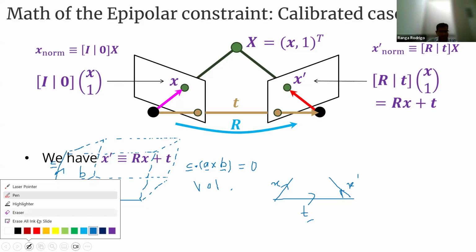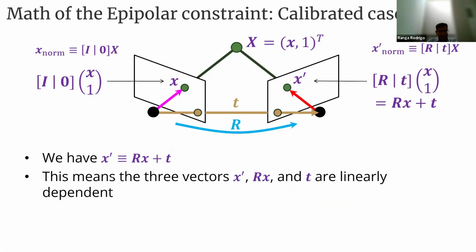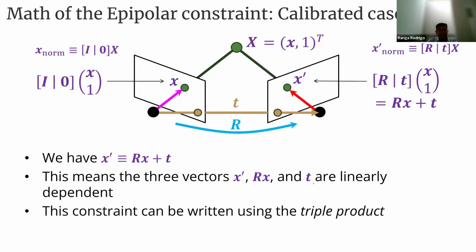So we have x prime is equal to Rx plus T. This means that the 3 vectors x prime, Rx, and T are linearly dependent. These constraints can be written using the triple product: x prime dot T cross Rx is equal to 0. This is the relationship.